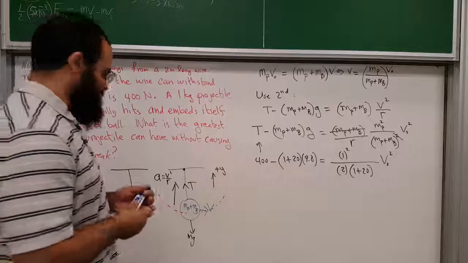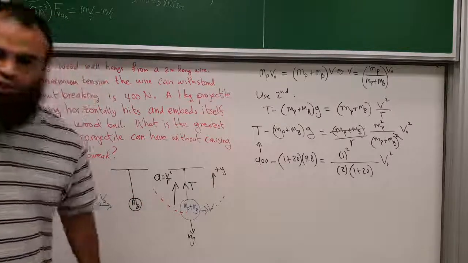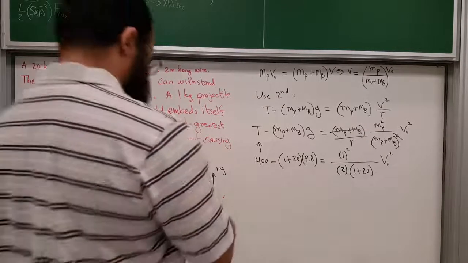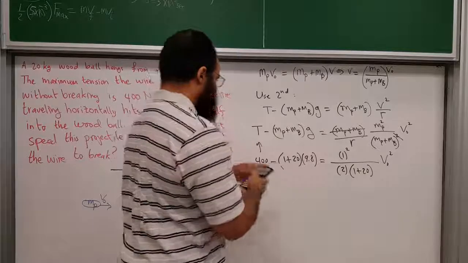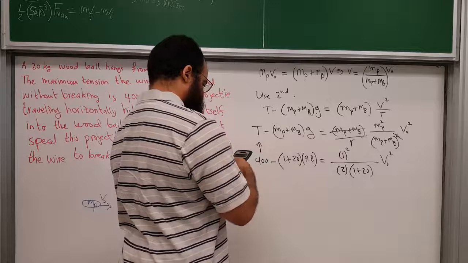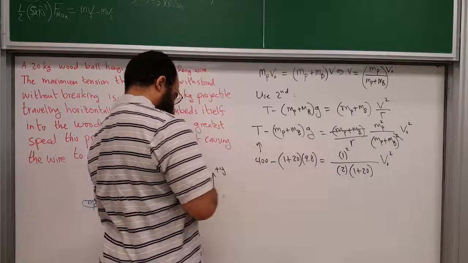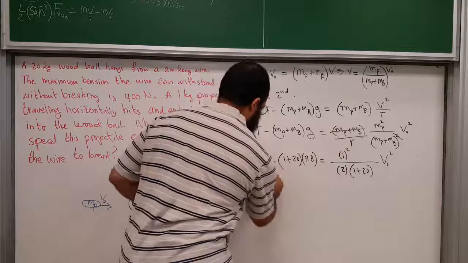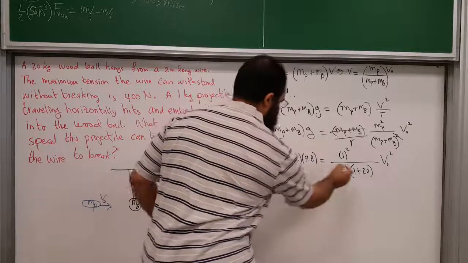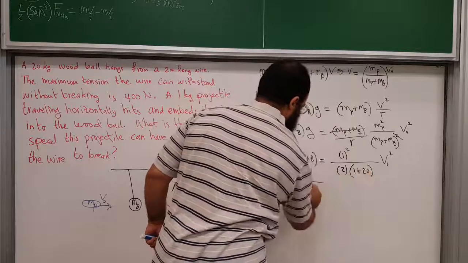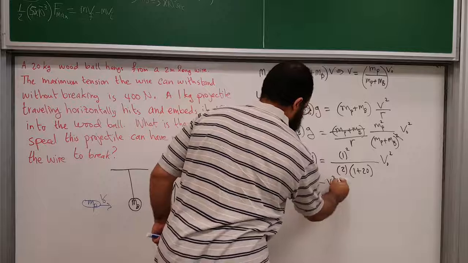So subtract these first. Let me get my calculator here. So 400 minus 21 times 9.8. That gives me 194.2. Let's write it down. 194.2 equals 1 over 2 times 21, which is 42, v squared.